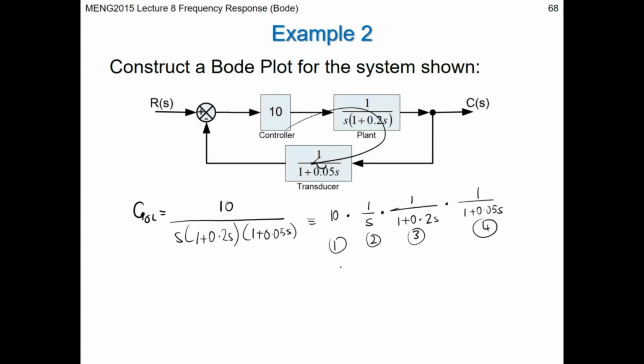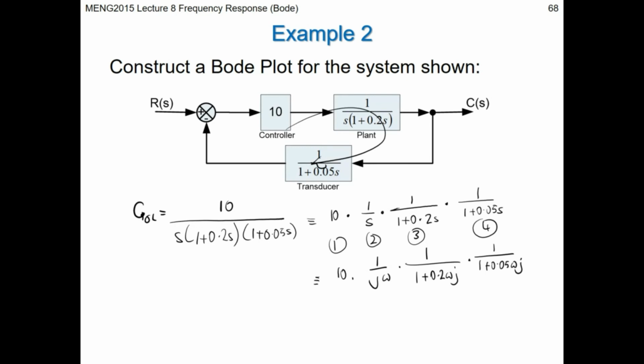So one of the things I should have done here is I should have converted this to j omega form. So in j omega form, it's going to be 10, 1 over j omega, 1 over 1 plus 0.2 omega j. Now this is going to be 1 over 1 plus 0.05 omega j.